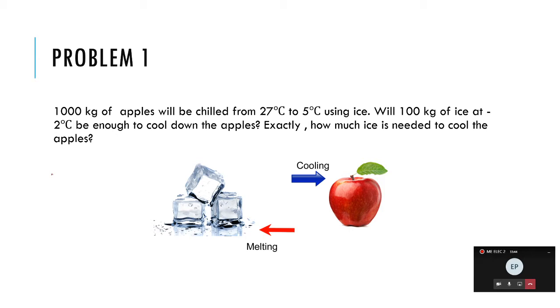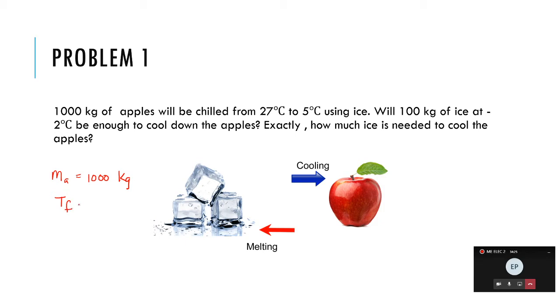The first that was made known to us is the 1,000 kilogram of apples. We could call that the mass of apple, so 1,000 kilogram. And those apples will be chilled from 27 degrees centigrade to 5 degrees centigrade. So this is the temperature, initial or final.